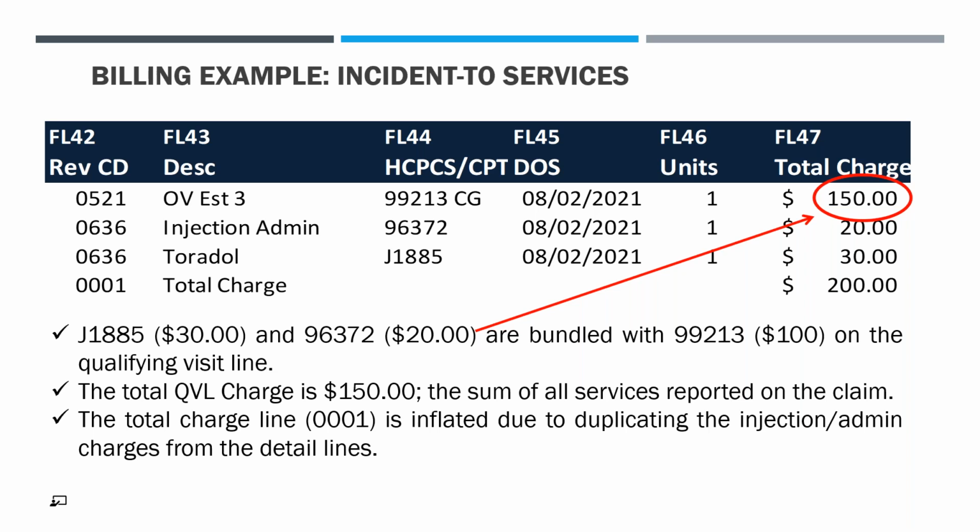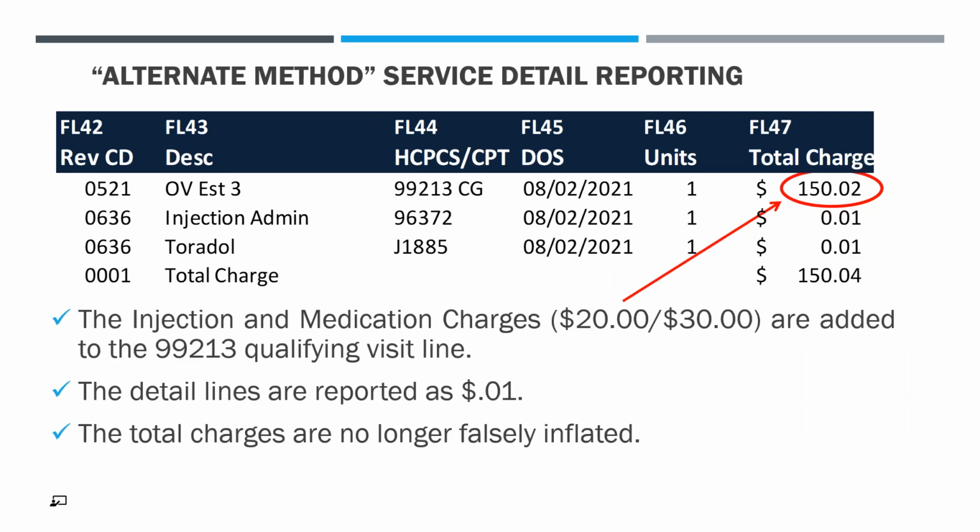So a lot of this work for bundling these claims and how these claims get reported is probably handled by your practice management system. And we talked about this alternate or penny method, which is attractive, but creates other problems, particularly when we're trying to post remits and we have charges with a penny on them.